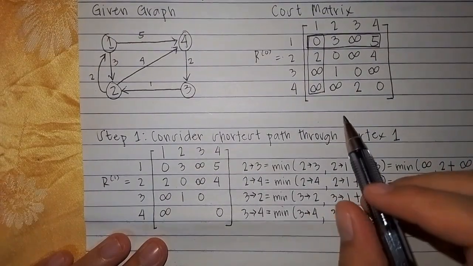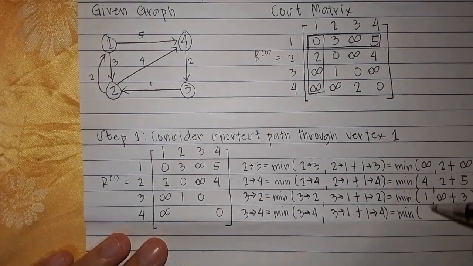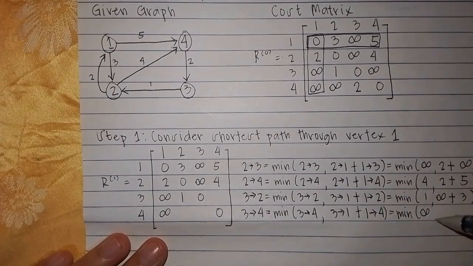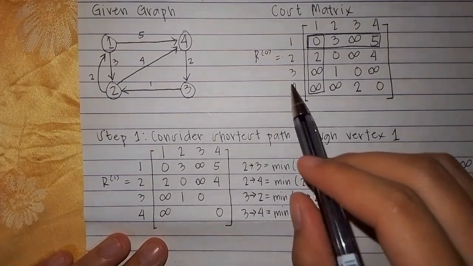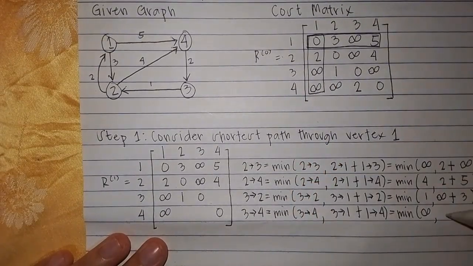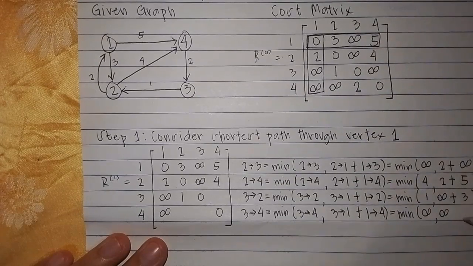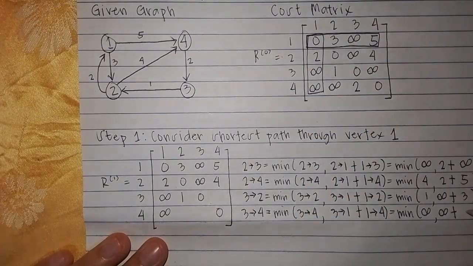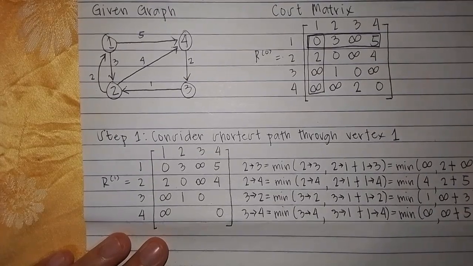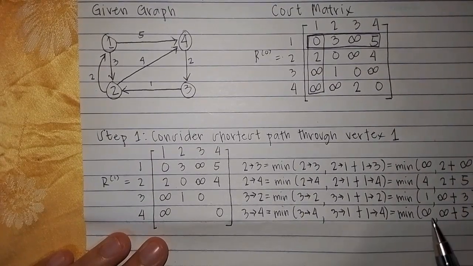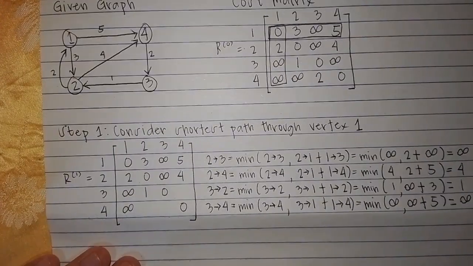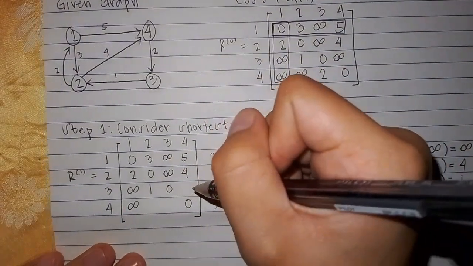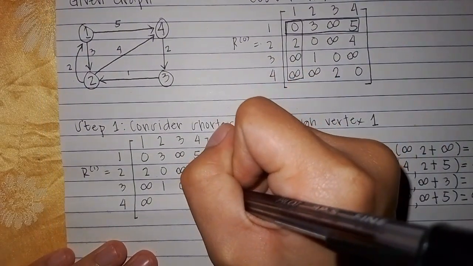So 3 to 4, as we can see here, the value was infinite. And 3 to 1, the value was infinite also. Plus 1 to 4, the value was 5. So we will get this as infinite because this is the minimum value. So 3 to 4 was infinite. So we will put infinite in the matrix.